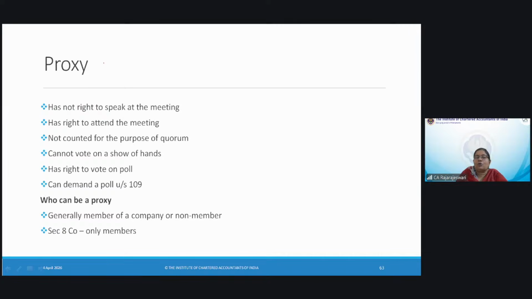So what is the role of the proxy that we are going to see. He has no right to speak at the meeting. He can attend the meeting, but while calculating the quorum, he is not a member. He is only a representative of the member.